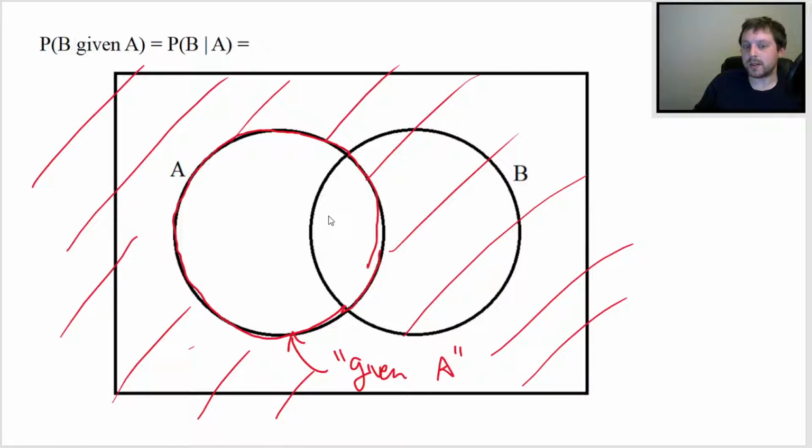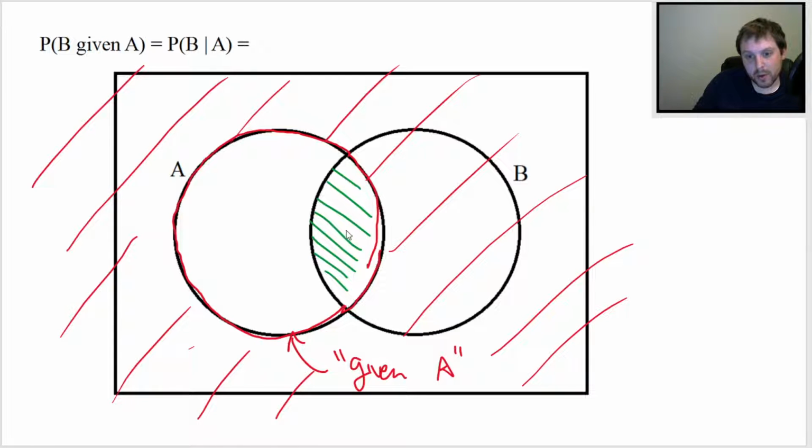Now we want to ask, okay, we know A's happened. What's now the probability that B is going to happen? So that would mean we would have to be in this part, because this is the bit that has overlap with B. This is the part of A. This green bit is the bit that we'd want to be in, and it's this out of this.